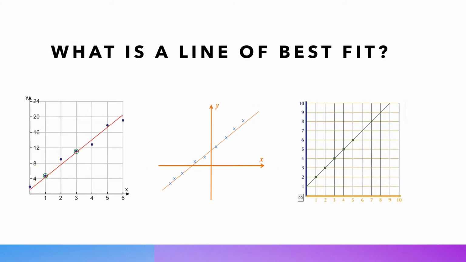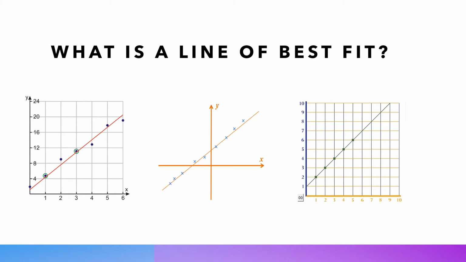The first one, what is a line of best fit? In a very simple word, a line of best fit is a straight line. So what kind of straight line is it? It is a straight line which passes through as many points as possible. All the plotted points lie as close as possible to the line, and the points are evenly distributed on both sides of the line.